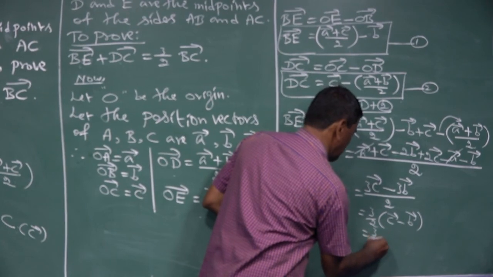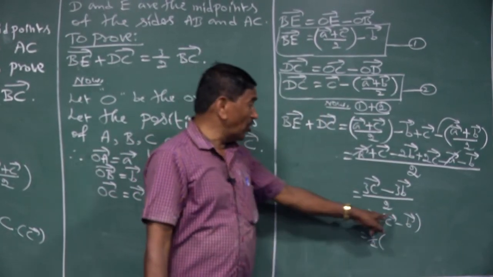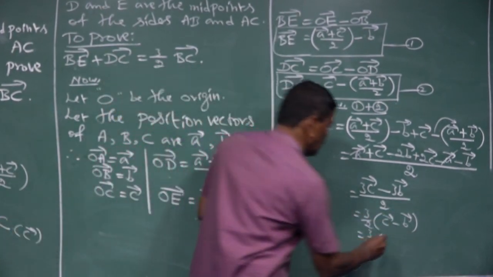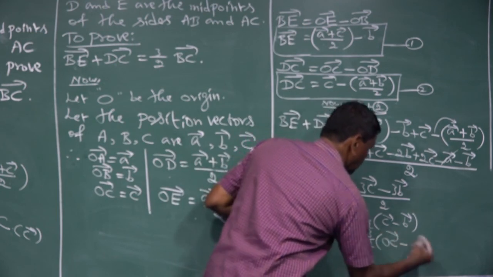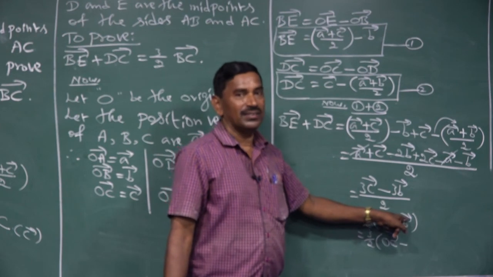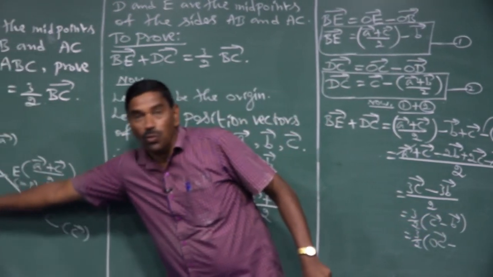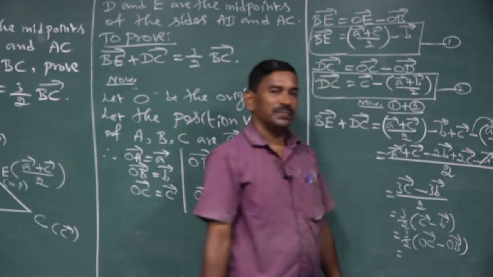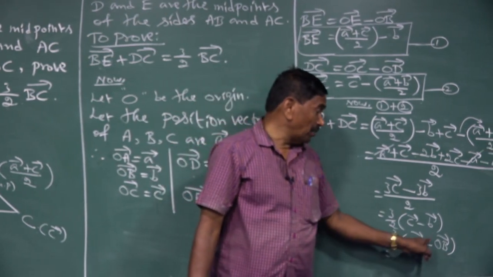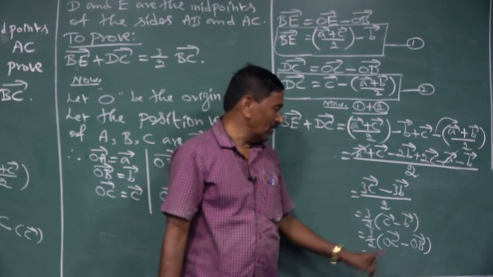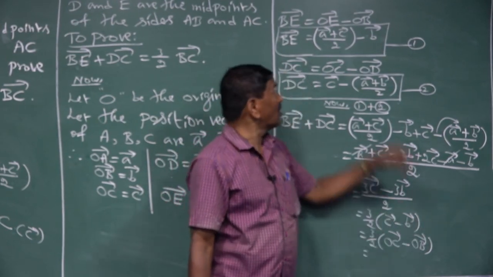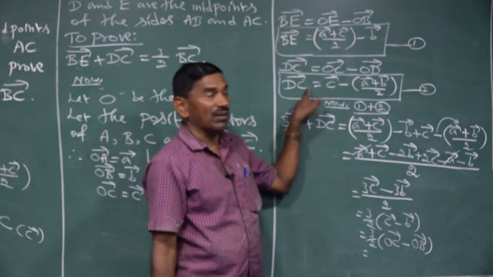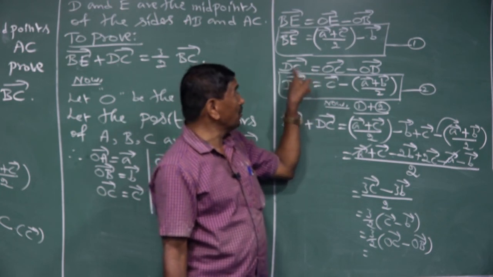Which is equal to 3 by 2 into (OC vector minus OB vector), since C vector is OC vector and B vector is OB vector. This is of the form second minus first, because already BE vector is second minus first, OE minus OB, and similarly DC vector is OC minus OD.